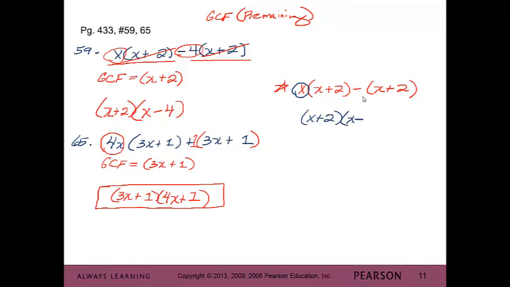There's a minus sign, but I don't see anybody, which means it has to be the invisible 1. So this one would factor into x plus 2 times x minus 1. So remember, if I do not see a number, the invisible 1 is there. Whether it's positive or negative depends on the sign. 65 had a plus sign. The one I made up had a minus sign.